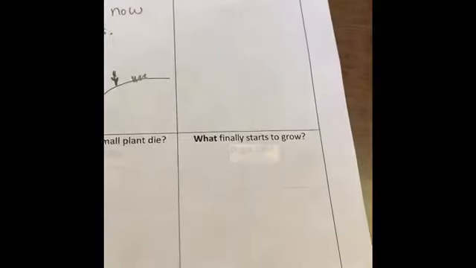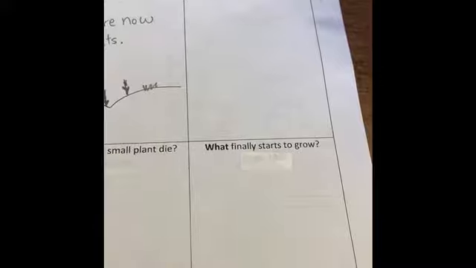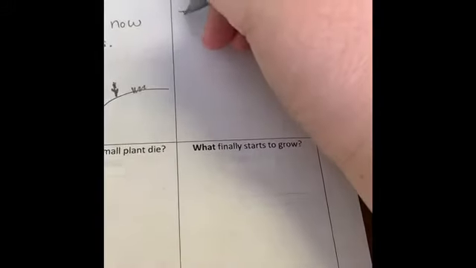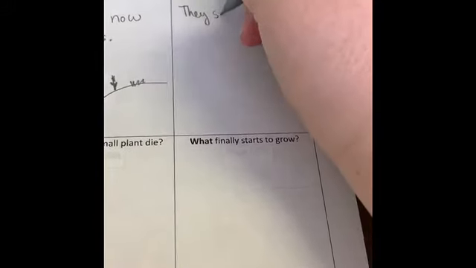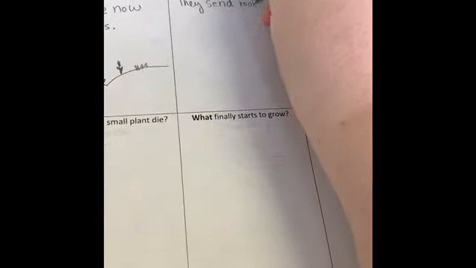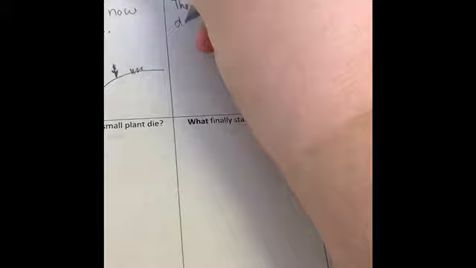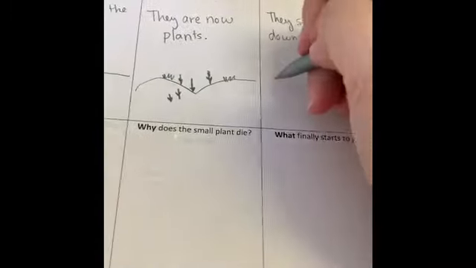All right, it says, what do they send down to the earth? So we're talking again about all of our plants. What are they doing? They send roots down to the earth. So let's draw a picture of our roots.